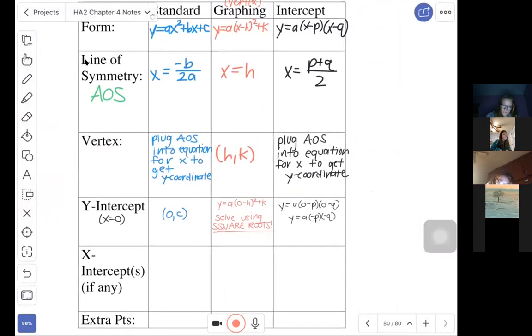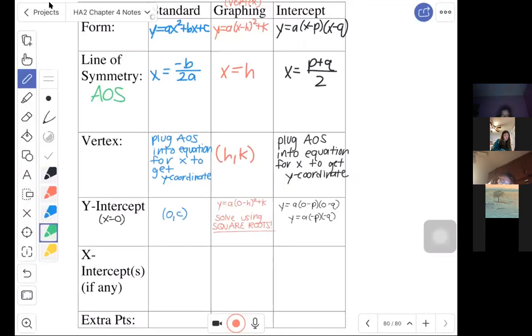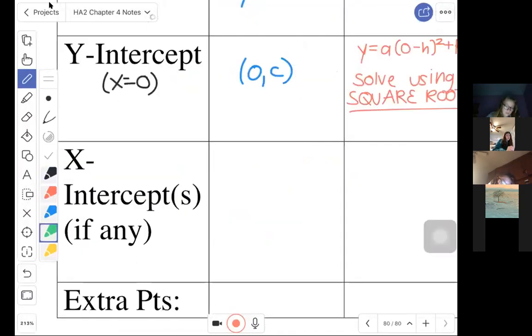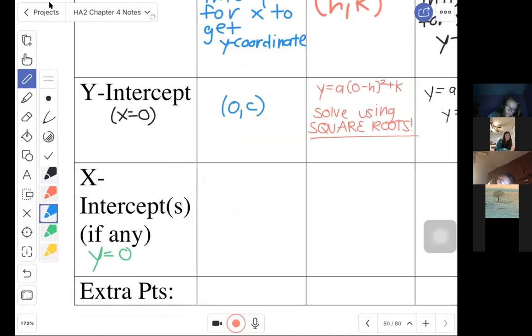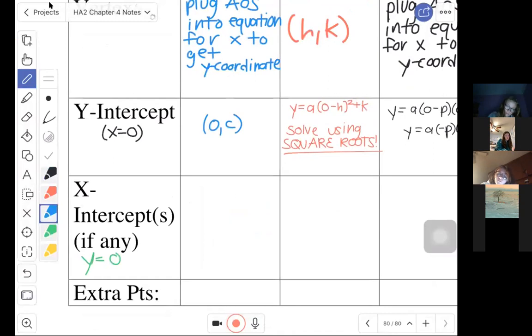X-intercepts. In general, how do we solve for x-intercepts? Brooke. Solving for x-intercepts. Make y 0. Yeah. Y will be 0. When we do that for standard form, we get 0 equaling ax squared plus bx plus c.